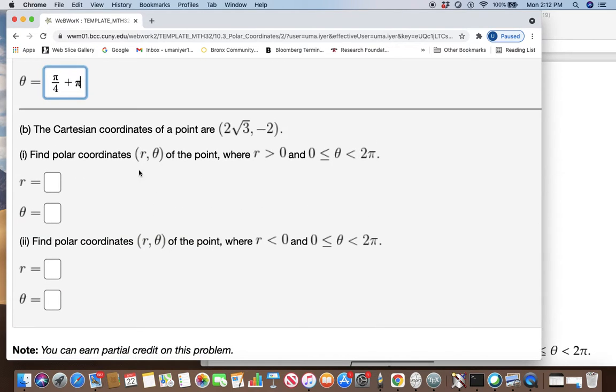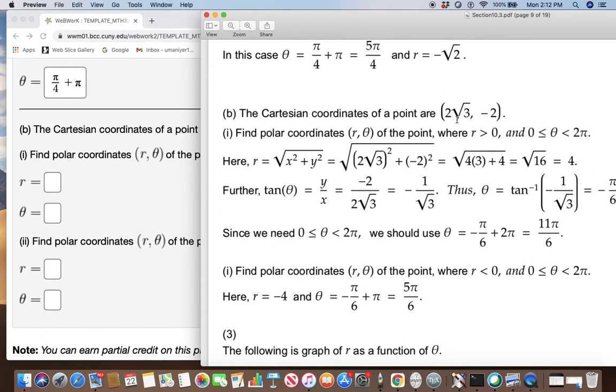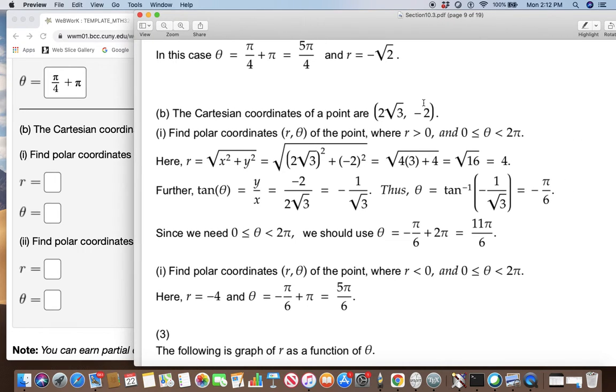Okay. Question B. Similar question, you are given Cartesian coordinates. Find polar coordinates when the radial distance is positive or negative. What is r when it's positive? It's simply the positive root of x squared plus y squared. Calculating this, you get r equals 4. Tan theta, so keep track of this. This is the fourth quadrant. x coordinate is positive, y coordinate is negative.